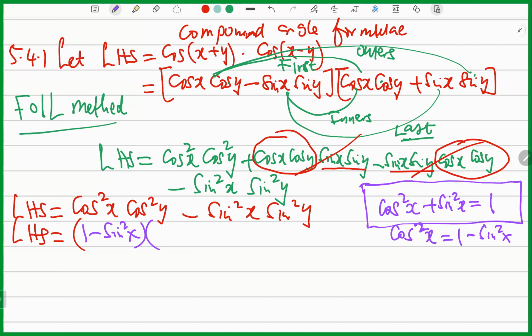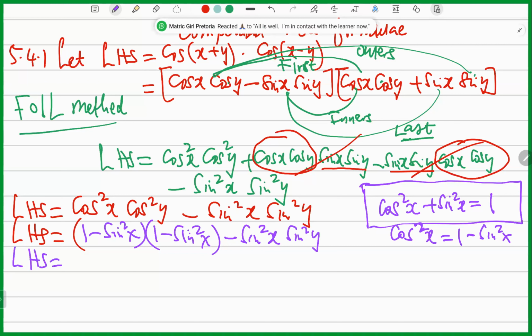And then we have cosine squared y. What is cosine squared y? We can do the same. Cosine squared y is 1 minus sine squared y. And then we have sine squared x and sine squared y. I have a question.